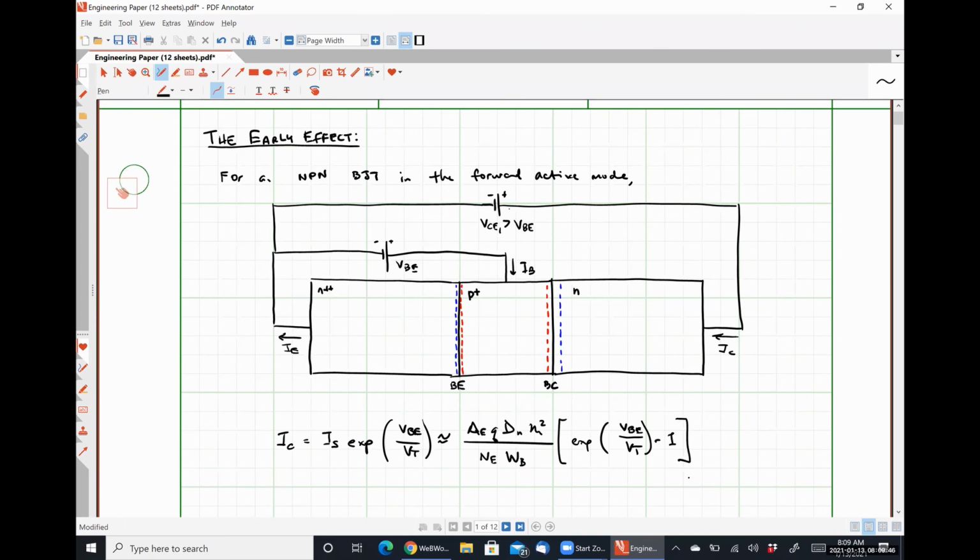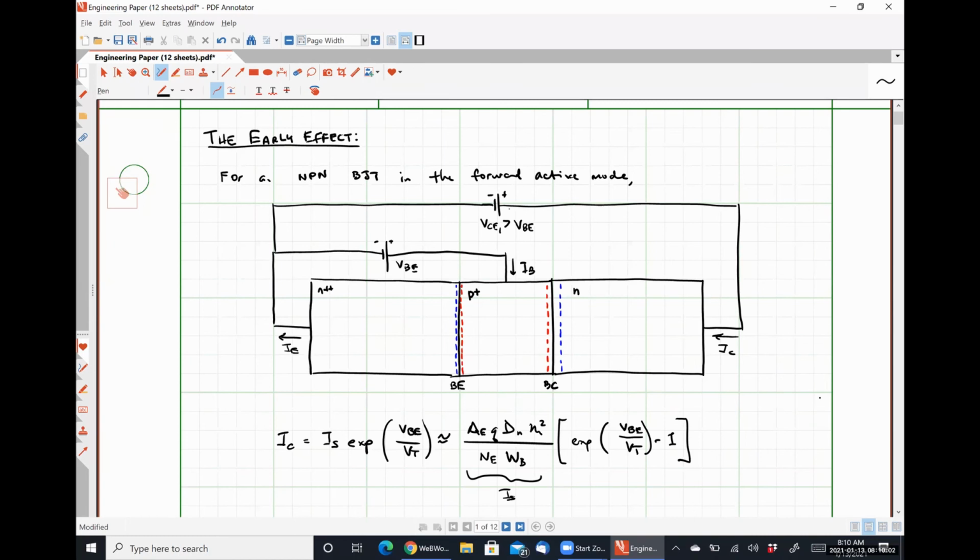So IS is equal to this guy right here. So we can observe that the collector current is not a function of the collector emitter voltage.